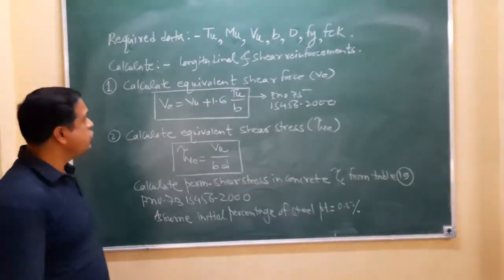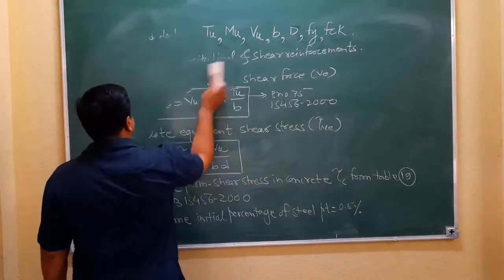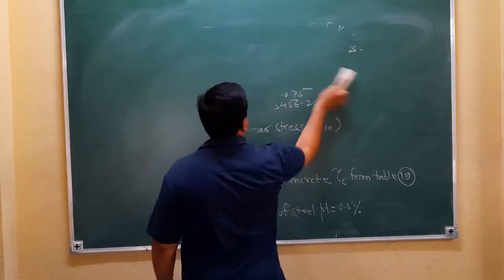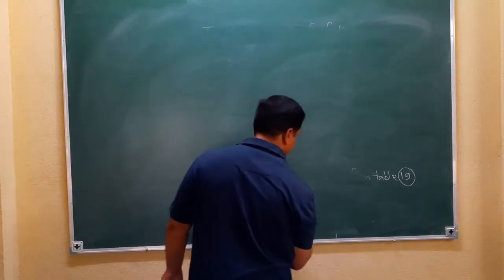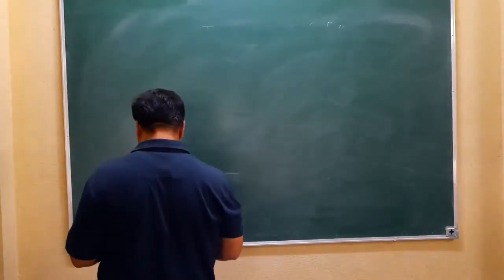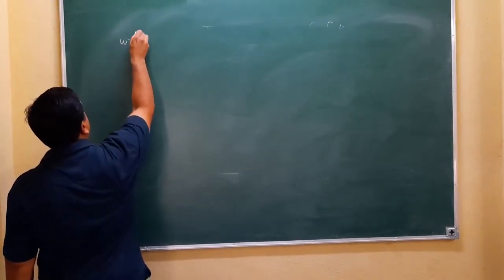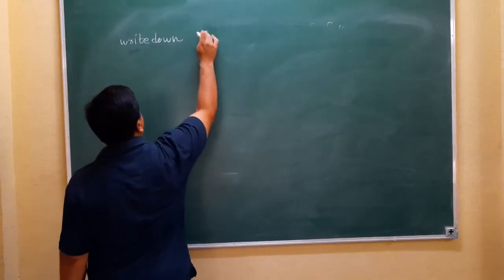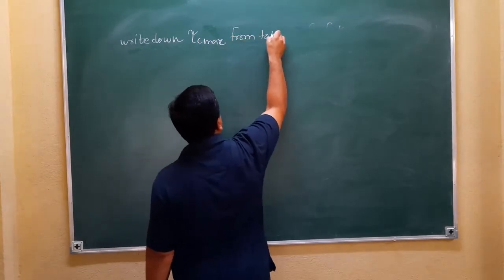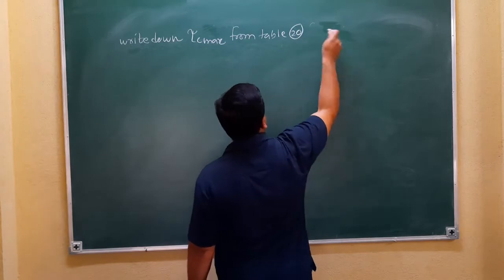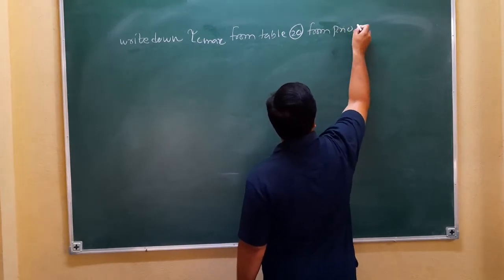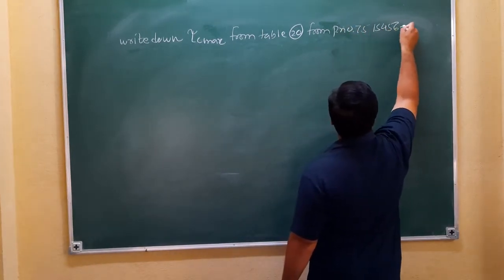Step number 2: write down tau c max from table 20, on the same page, page number 73 of IS 456.